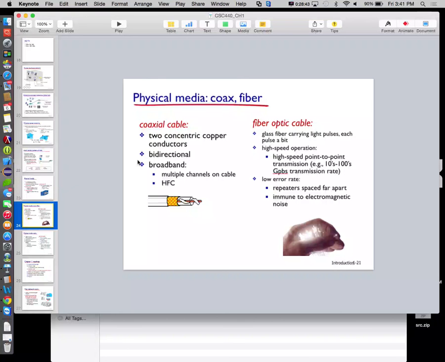Coaxial networks were used for TV. And TV is a broadcast type technology. We send the channels out, and everybody else is just receiving them. So those boxes that are sitting in your house for your cable company, the early days of those were only receivers. They sampled the line, and they couldn't send anything out. They weren't designed for that.